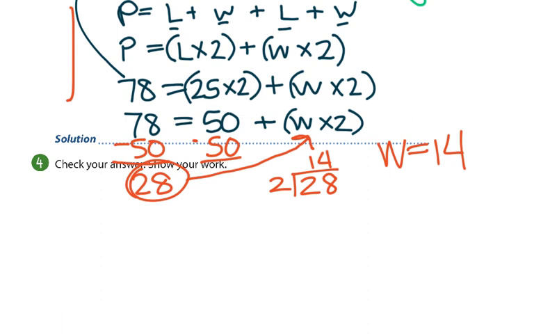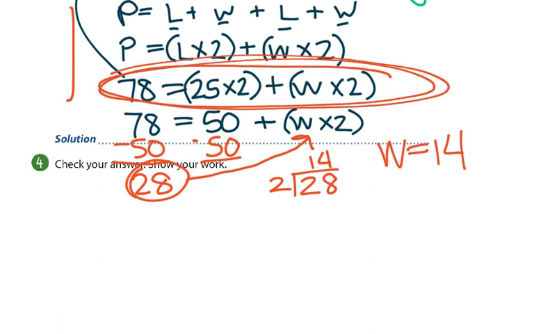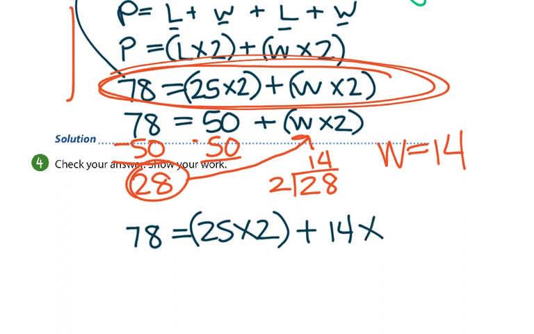The last part, it says check your answer. Well, I'm just going to take the formula that I have, and I'm going to plug 14 in to see if I got it right. 78 is 25 times 2 plus the width, which we figured out was 14 times 2. I'm going to solve that now. 25 times 2, Catherine said, was 50.